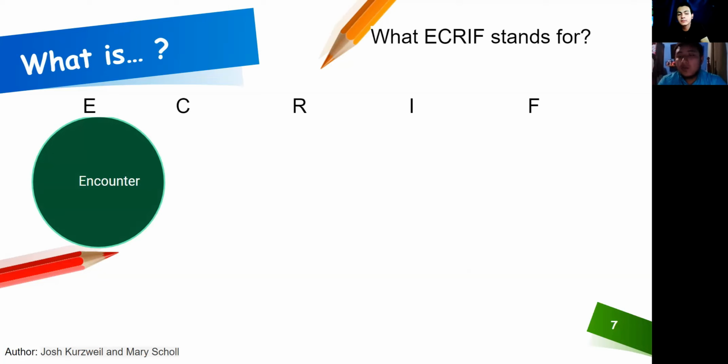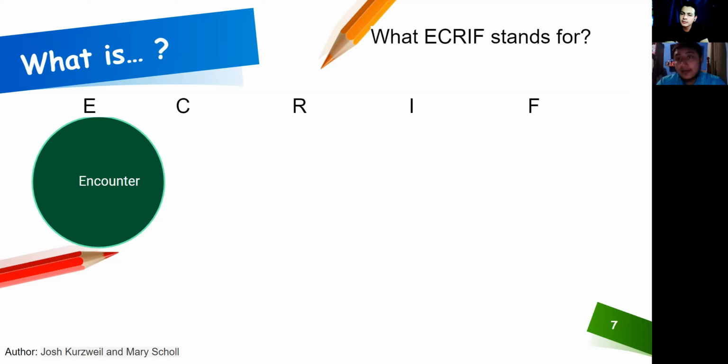We start with the first letter, which is encounter, and as we know, encounter is facing something new about knowledge or about an action or about something different that we are not used to. So it would be the first time that I see something. That's right.